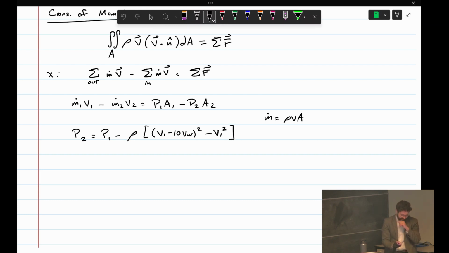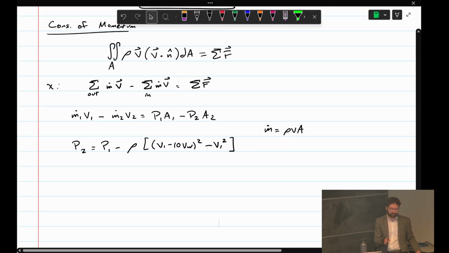So that's our pressure 2 as a function of our pressure 1 minus, sorry, it's not the momentum flux in our y direction. We have to account for the fact that we've lost some mass flux out of that second exit. So we've lost some momentum there.